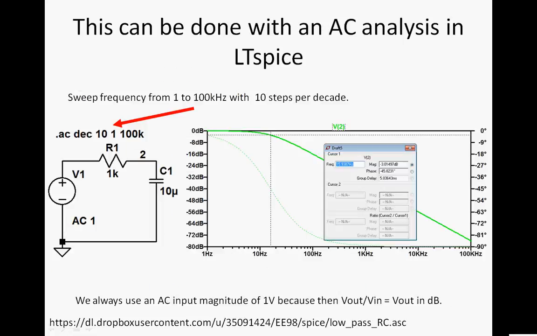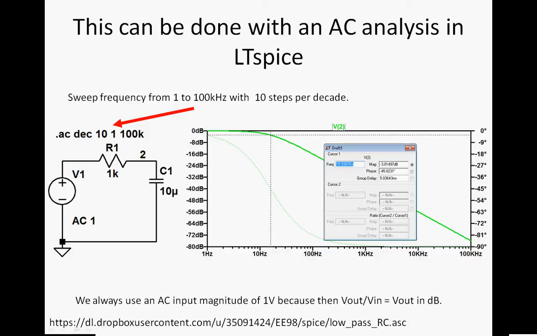Now you can also do this more easily in LTspice with an AC analysis. In LTspice, you just have .ac dec, stepping the response by decades with 10 points per decade from 1 hertz to 100 kilohertz.